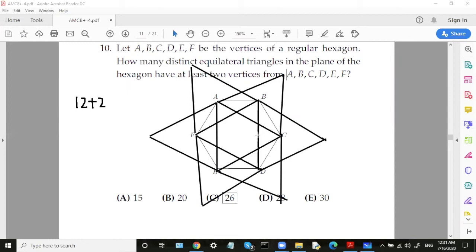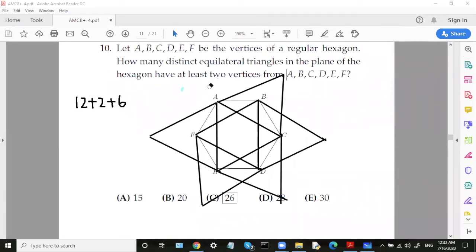So how many more triangles do we have now? It's 6, right? 6 sides construct 6 equilateral triangles. So we plus 6.